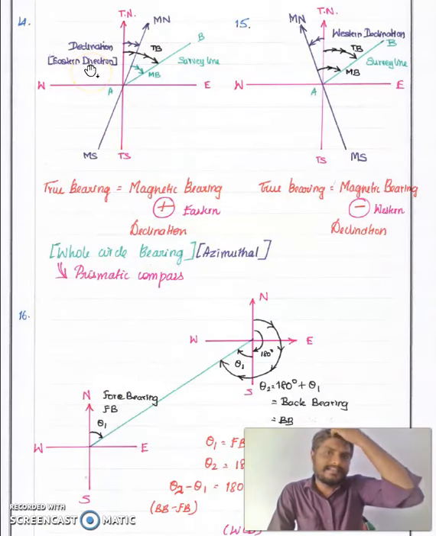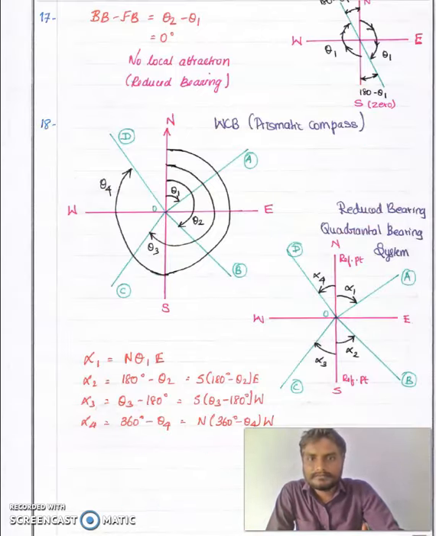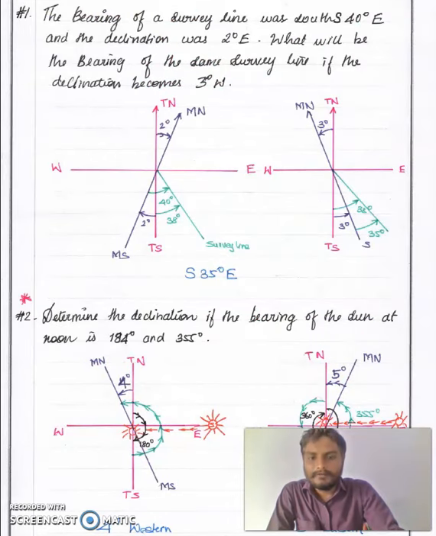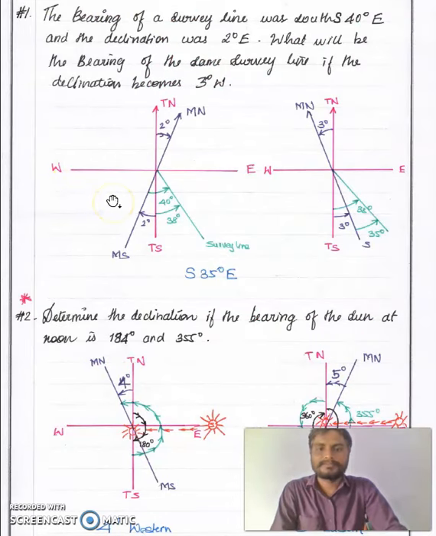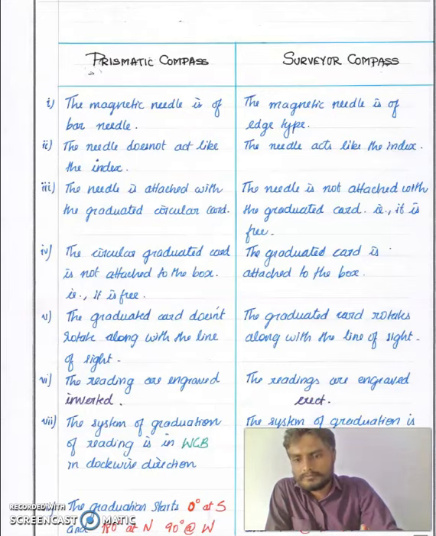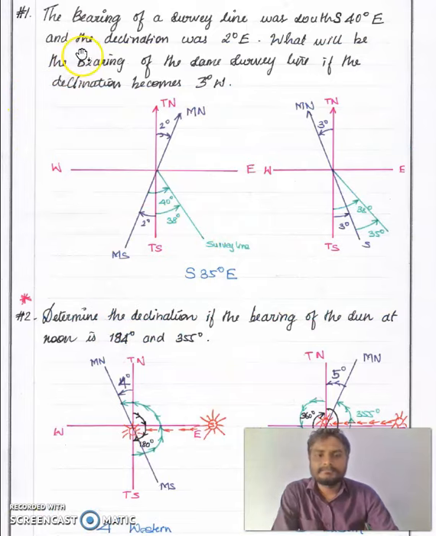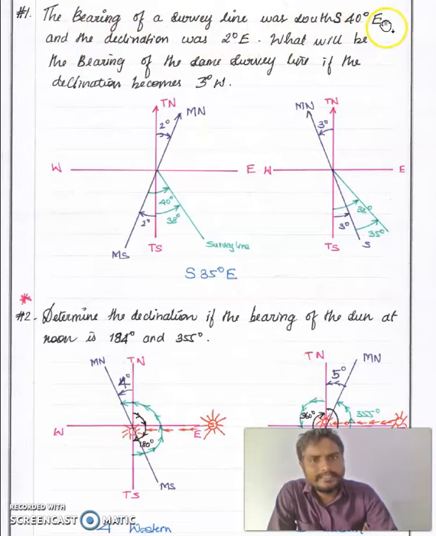This is declination, which we already discussed. Now we will see a small problem. The bearing of a survey line was south 40 degree east.